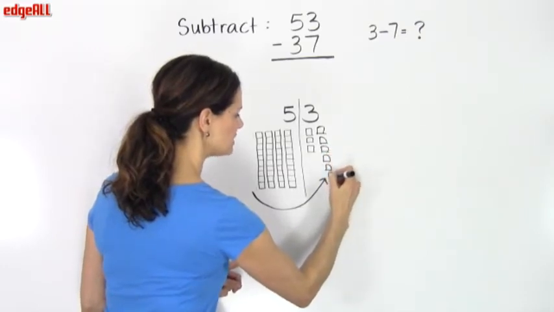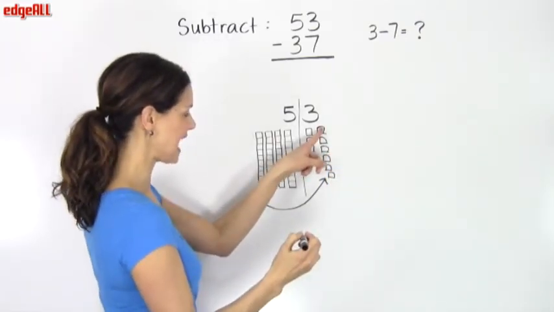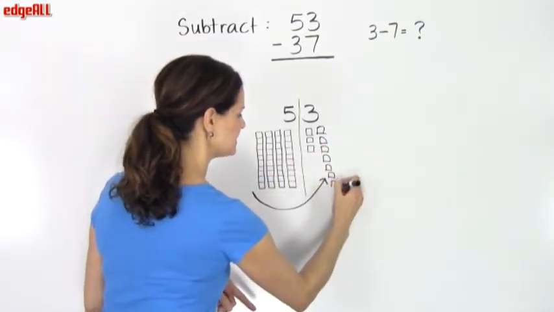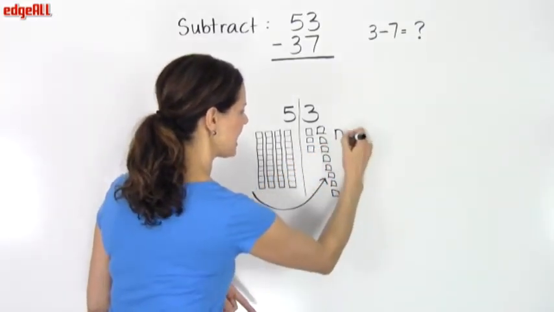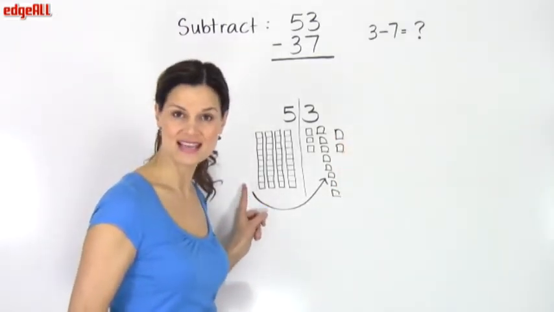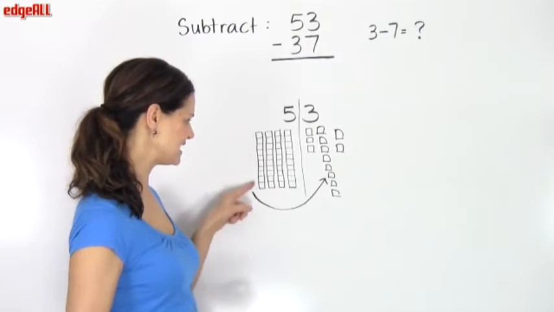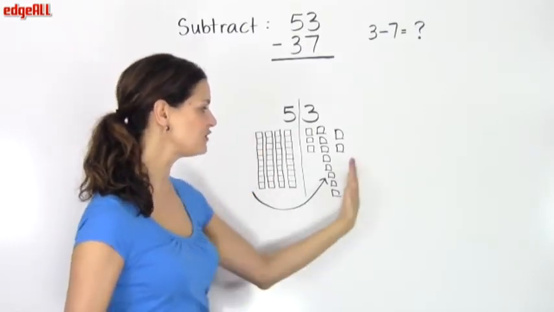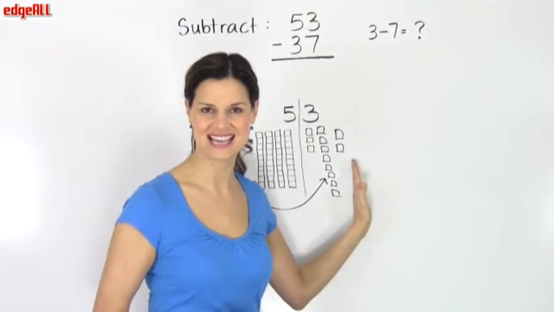And so I'm going to count out 10 ones. 1, 2, 3, 4, 5, 6, 7, 8, 9, 10. So I just borrowed 10 squares essentially from the tens section, and I moved them over to the ones section.